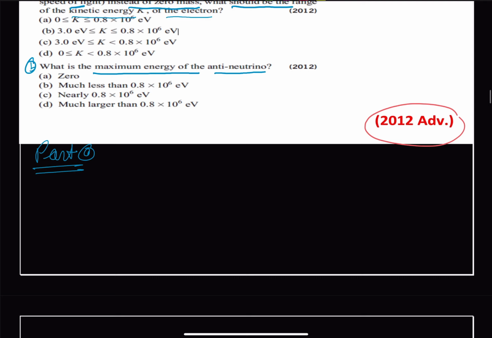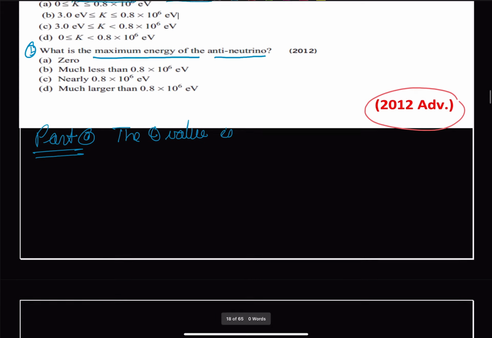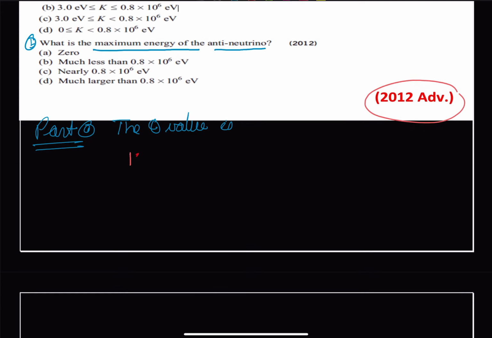Basically, we can write the Q value as the kinetic energy of the proton plus the kinetic energy of the beta negative plus the kinetic energy of the antineutrino, my mistake.